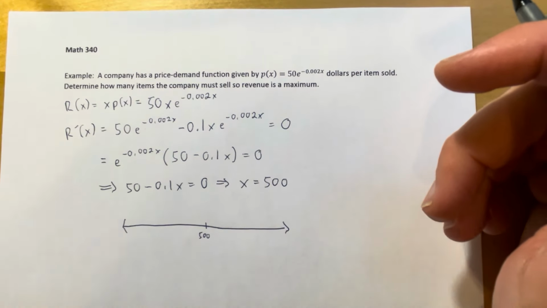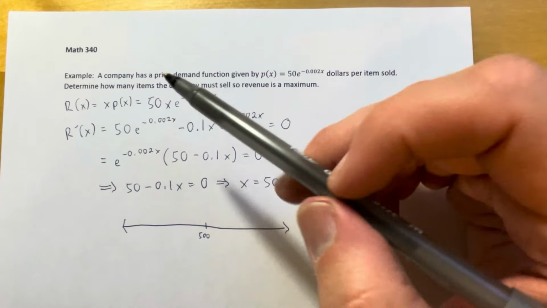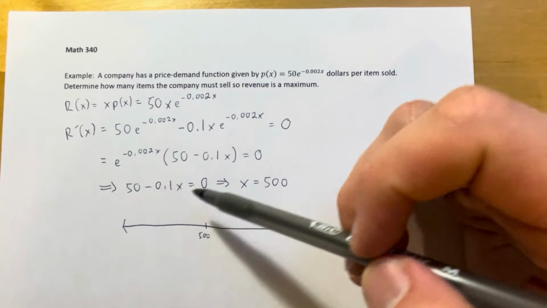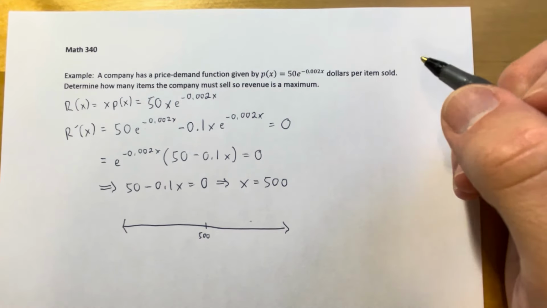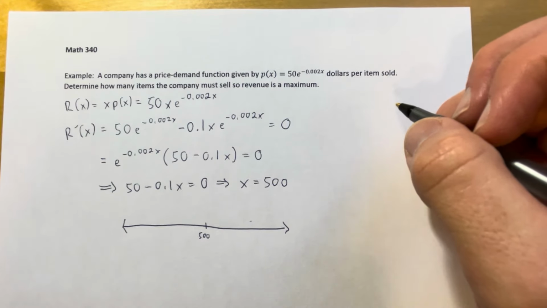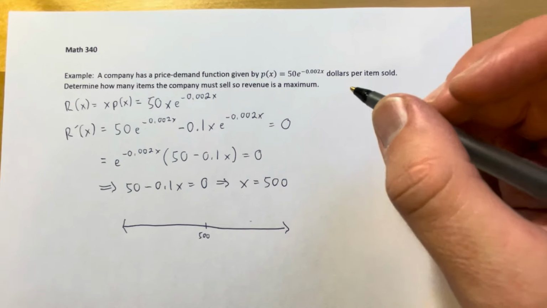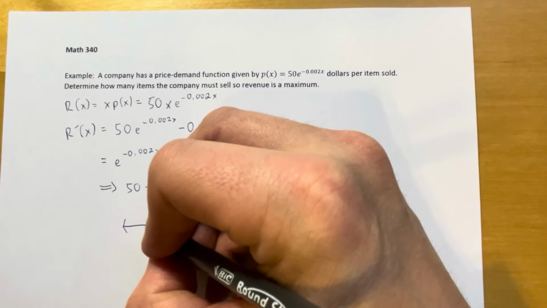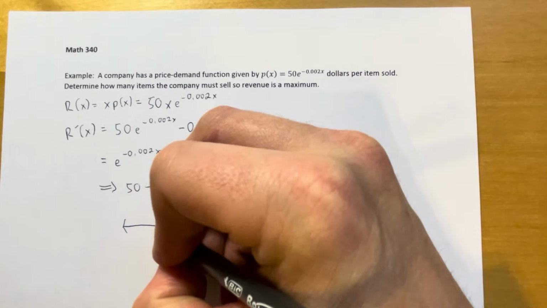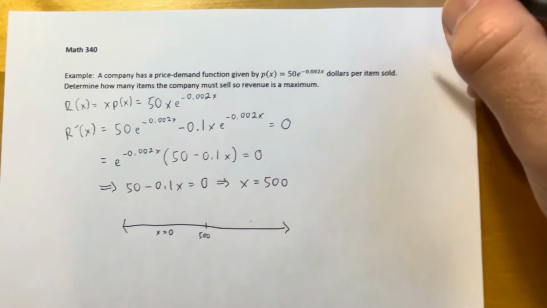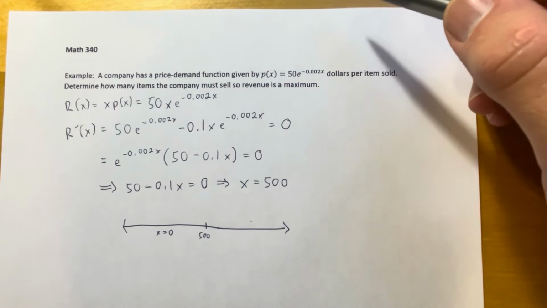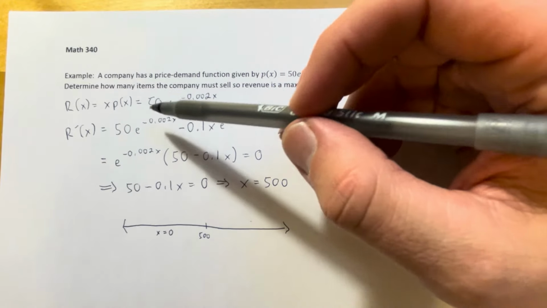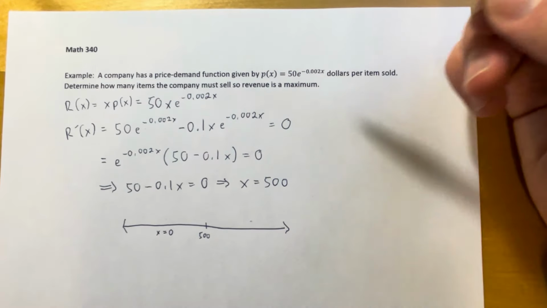And what I want to do is figure out, is my derivative positive or is it negative in each of these subintervals? And remember, what we do is we choose test points to determine what's going on where. So for example, over here, I can set x equal to 0 because that's less than 500. If I use x equals 0, I can plug it in any version of my derivative that I found.